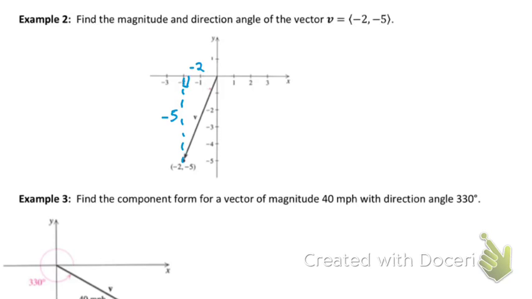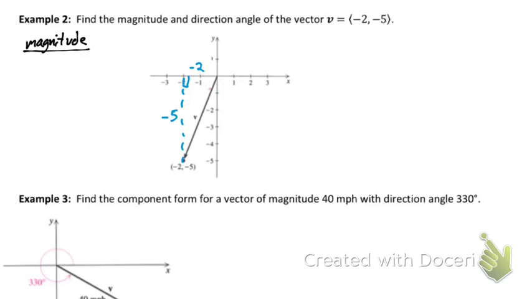Now I have a right triangle where I know the two sides. You didn't have to memorize a formula to know that I'm trying to get this length, my magnitude. It's A squared plus B squared equals C squared. You don't need to memorize a brand new formula.